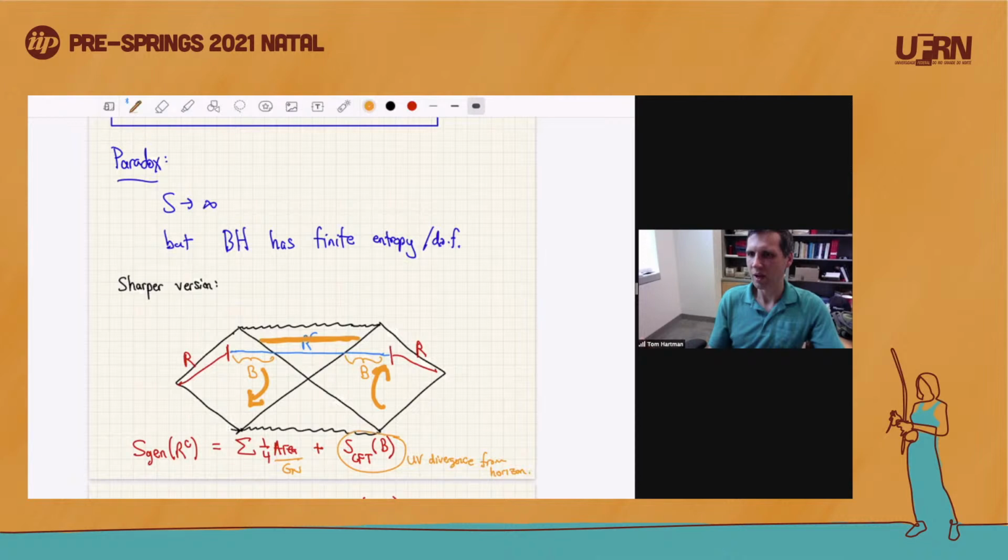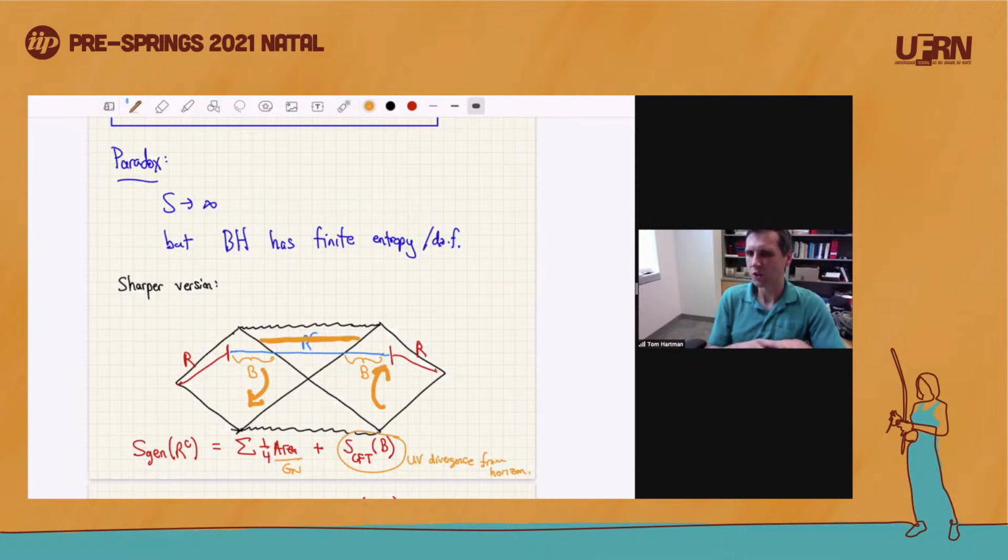Now, the paradox is sharper for an evaporating black hole, because there we never have to make this assumption about the entropy being area over 4. We just have to say that the black hole has 0 entropy at the end of the day.